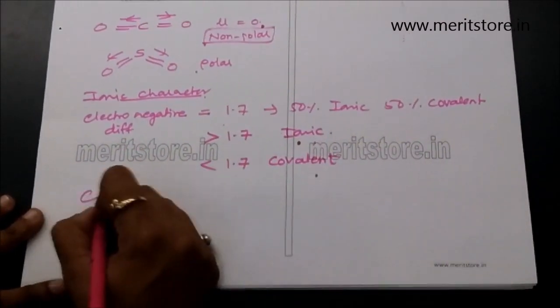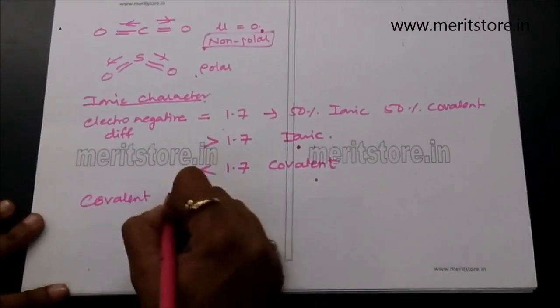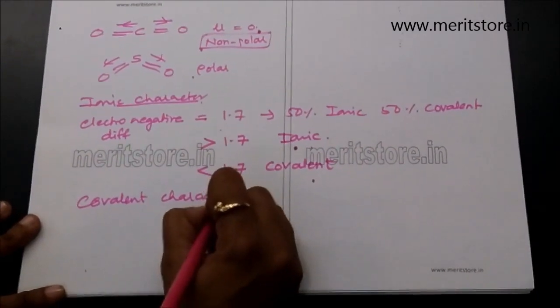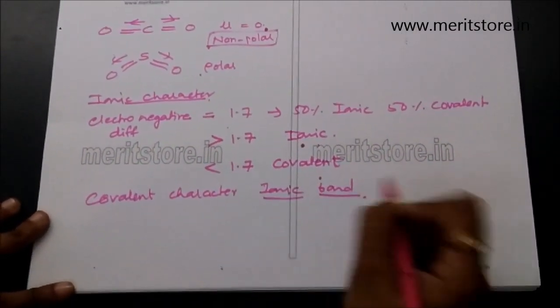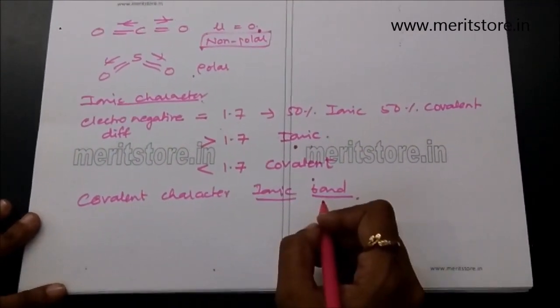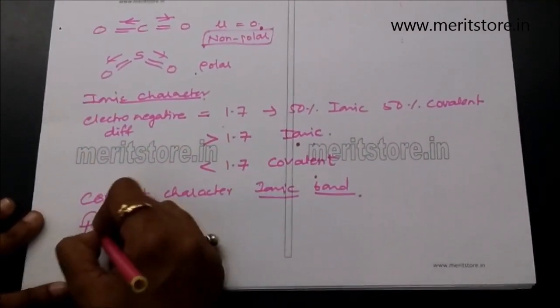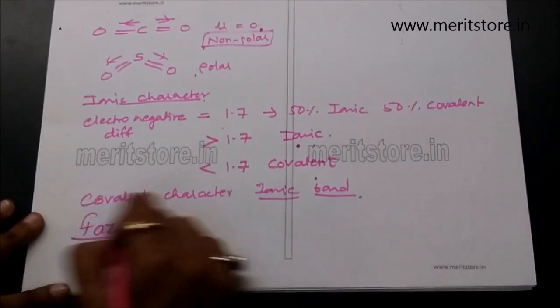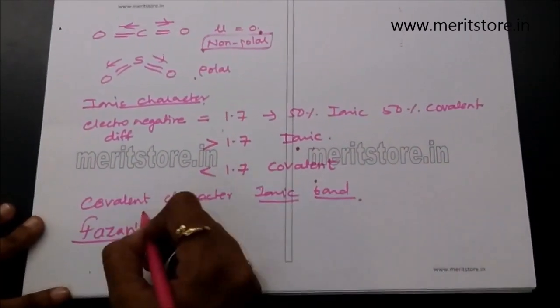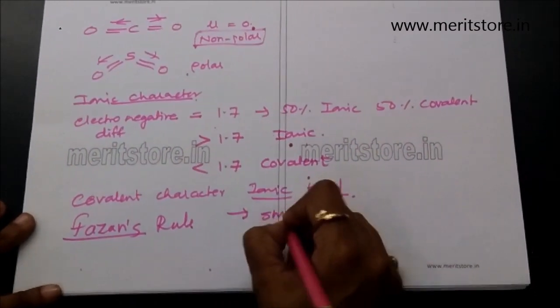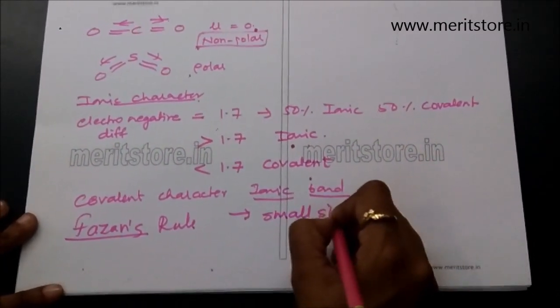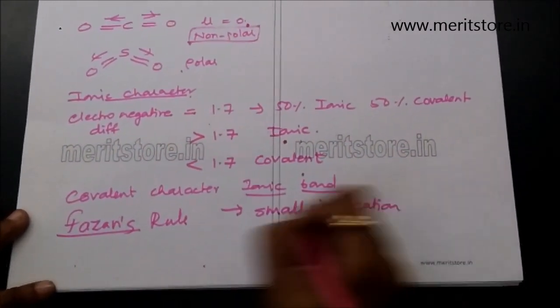We can also talk about the covalent character of an ionic bond. Some ionic bonds you will find having a little bit of covalent character. So according to Fajans' rule, here is when the ionic bond will show a covalent character. There are certain rules: the cation size has to be smaller.